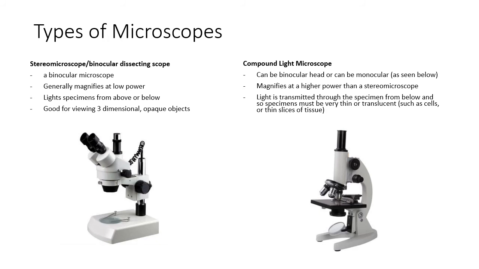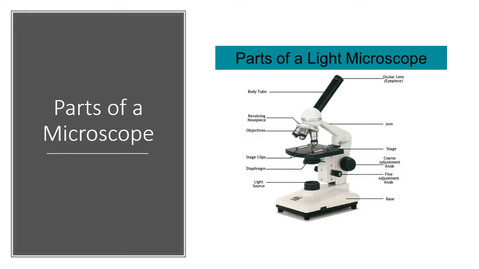This is what reflects the light up and through the lens. Because light is transmitted through the specimen from below, specimens must be very thin or translucent. So this is good for using cells, thin slices of tissue. In the lab, we usually do a wet mount to look at pond water, and we look at this on our compound light microscope.